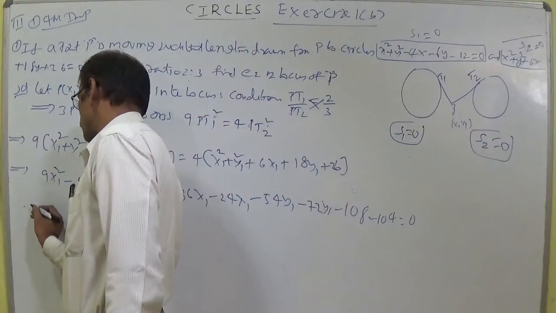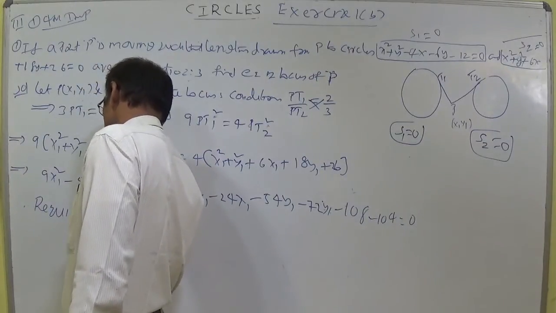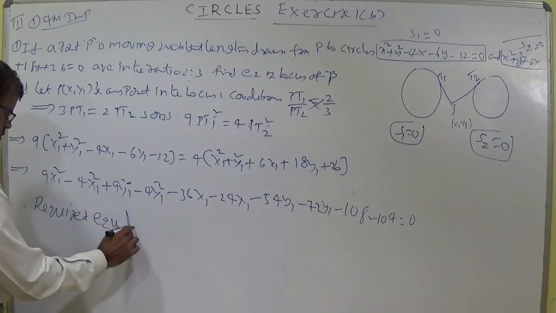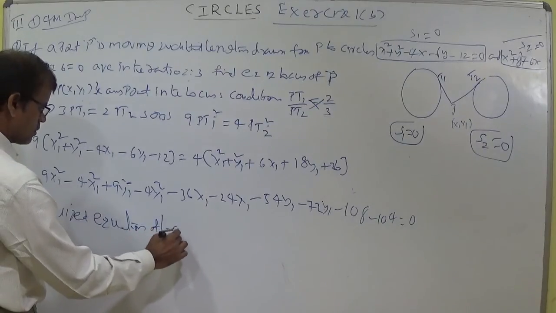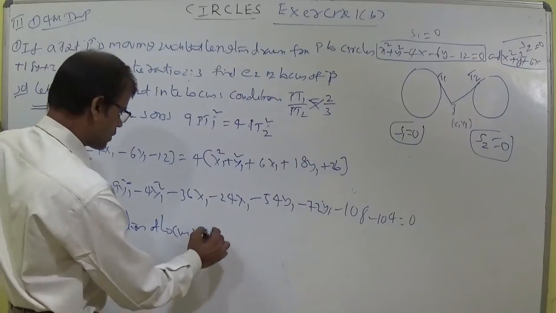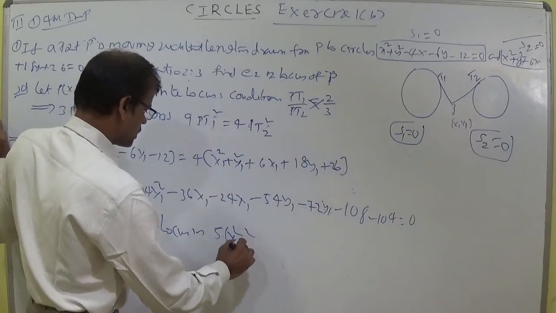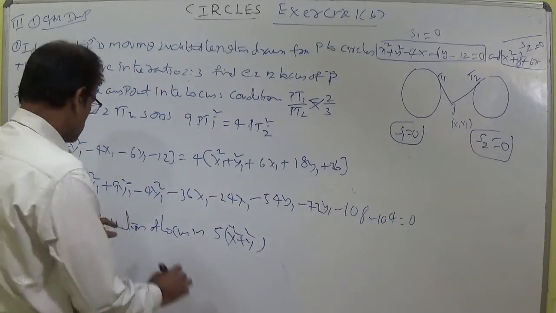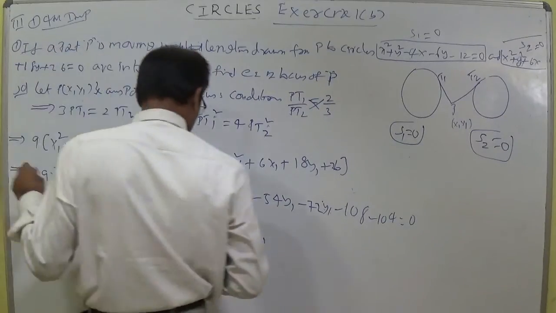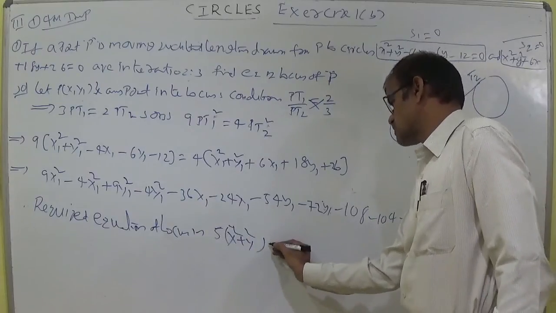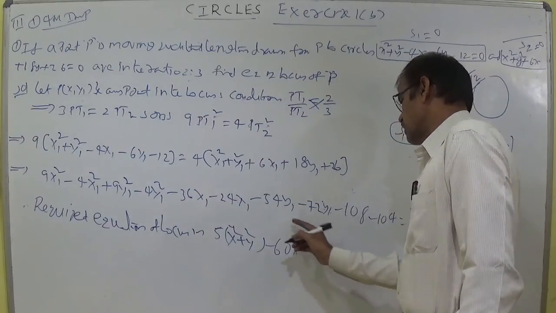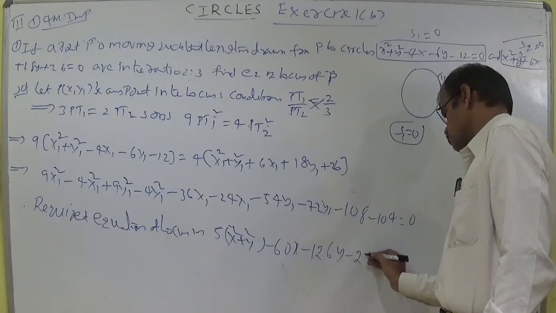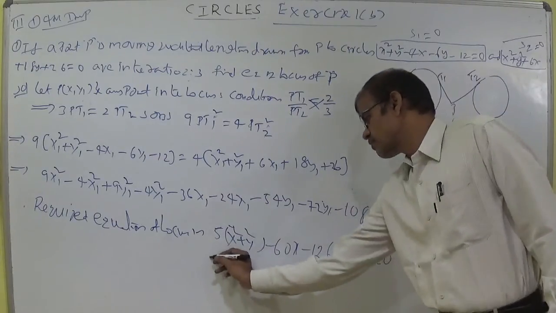Therefore, the required equation of locus is 5 into x square plus y square, because 9x square minus 4x square is 5, and also 9y square minus 4y square, minus 60x minus 126y minus 212 equal to 0, is the equation of circle.